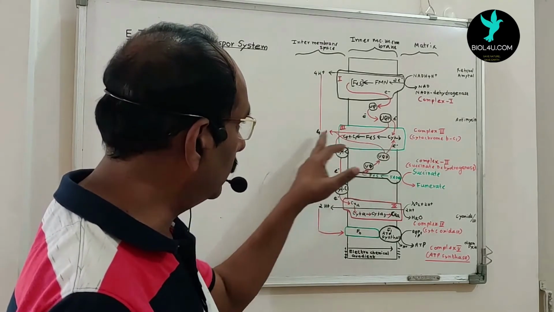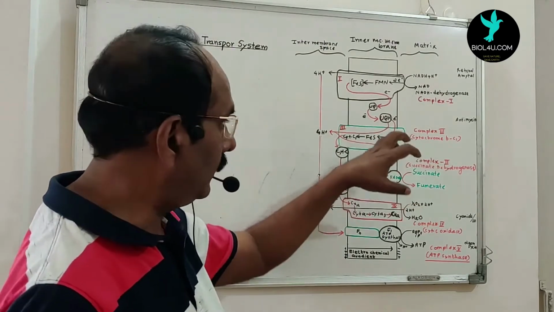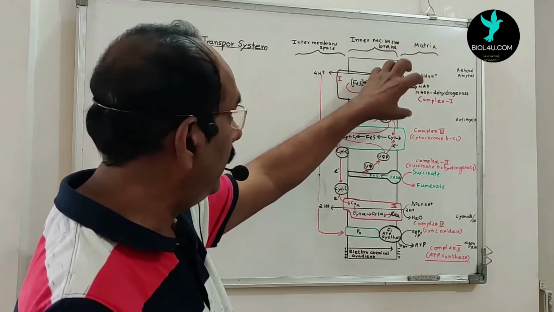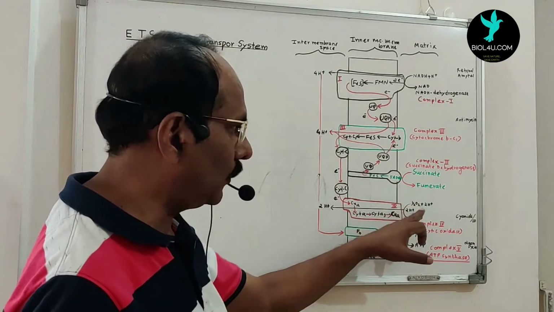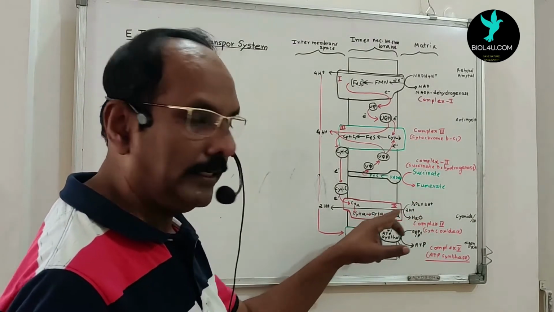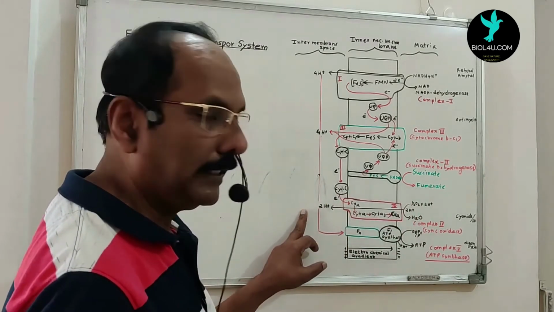Actually here 4 hydrogen are transferred because 2 electrons have that much energy. Here also 2 electrons have that much energy, and 4 hydrogen are transferred. Here only 1 electron is used for the ionization of the oxygen, and with 1 electron the energy is very little, and it transports only 2 hydrogen to this side.